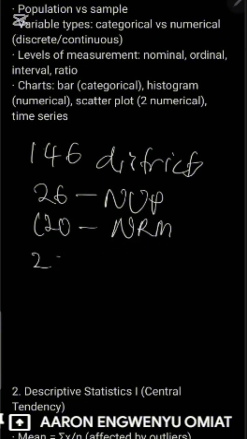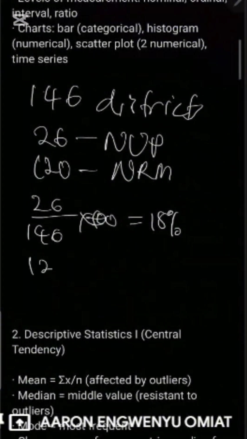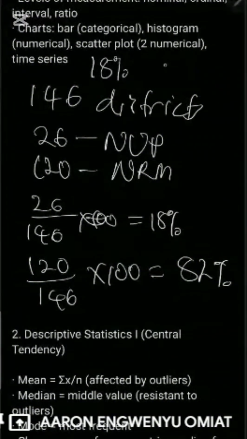You'll find that 26 out of 146 times 100 would result into, let's say, I think this is 18%. Then 120 over 146 times 100 would result into 82%. So this is one way. So here you're using data to predict.